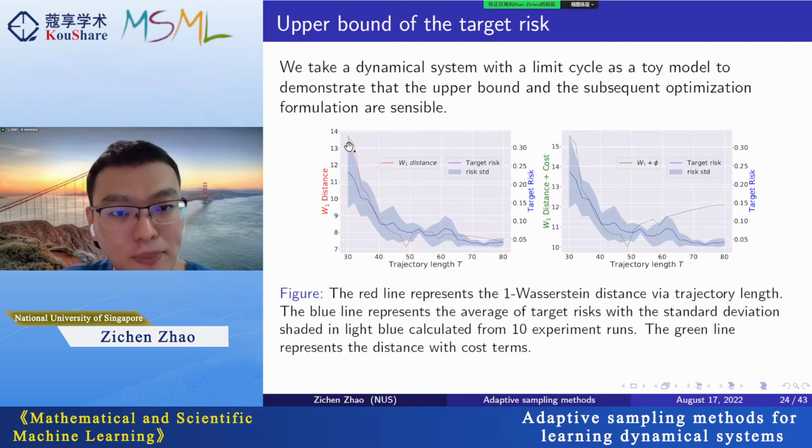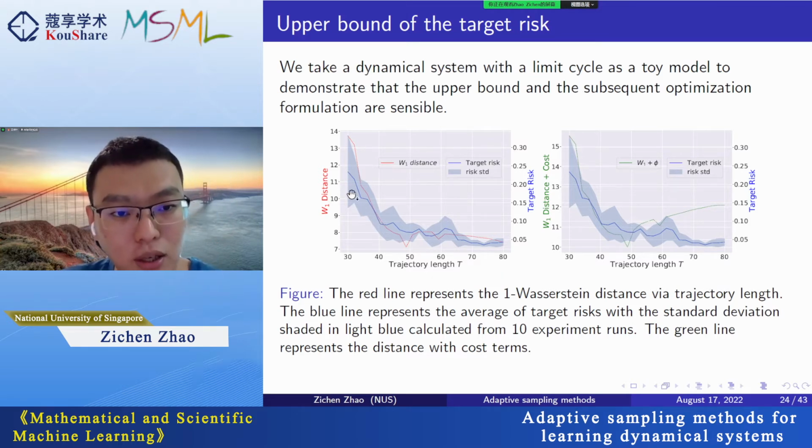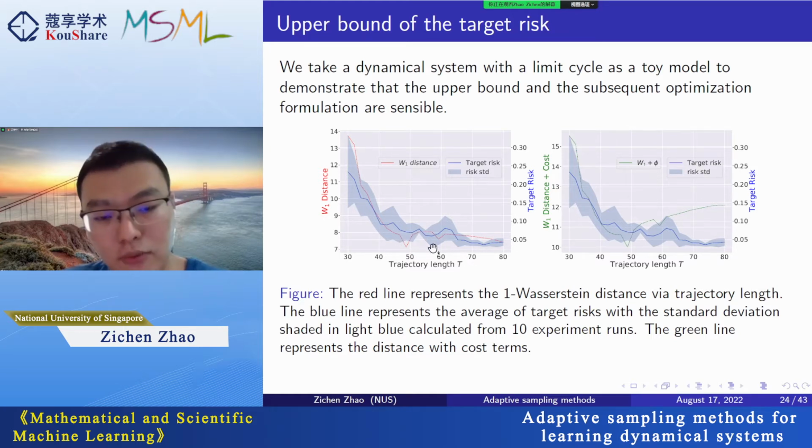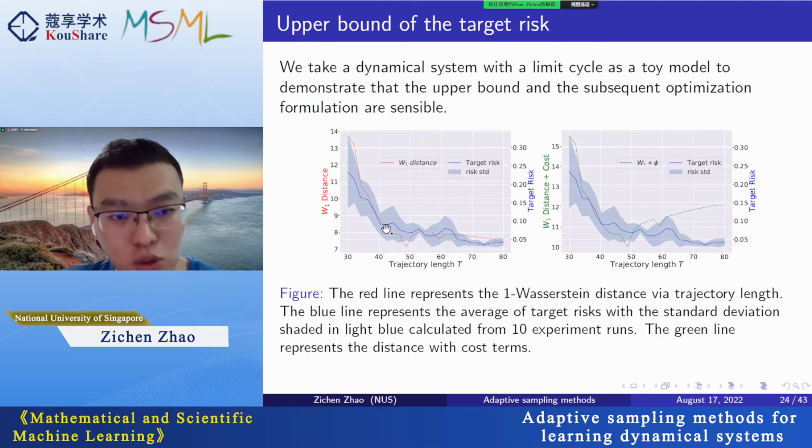The red curve represents the Wasserstein distance versus the trajectory length, while the blue one is the target risk calculated with different sampled data collected from the trajectory length as input. From this figure, we can see the trend of the two curves matches very well.